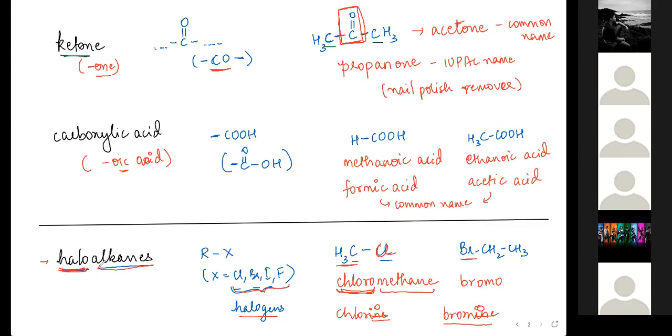Bromo is here. Alkane part, which alkane is there with 2 carbon atoms? Divya? Did Divya get disconnected?